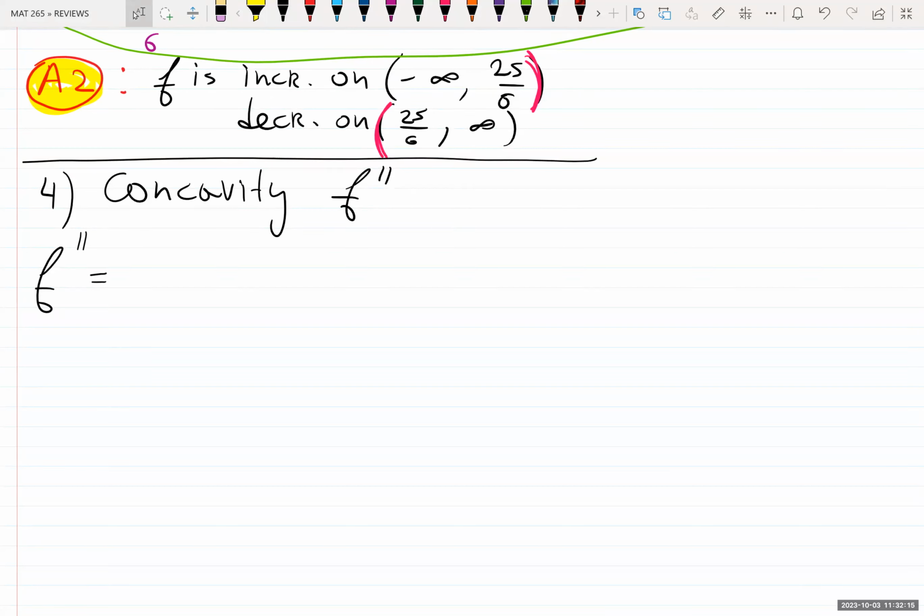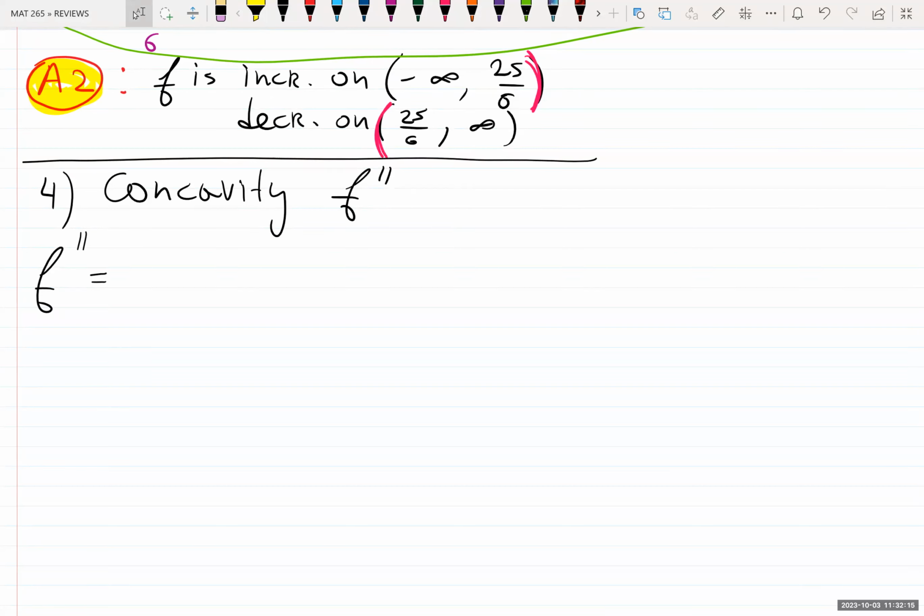I'm going to repeat the same idea because we need to find zeros and DNEs again. There's no DNE here, but let's factor out, just like before, e to the 3x. It's actually very nice to work with e to the stuff because it repeats all the time, so it's very convenient. 3 times 25 is 75, minus 18x, minus 6.